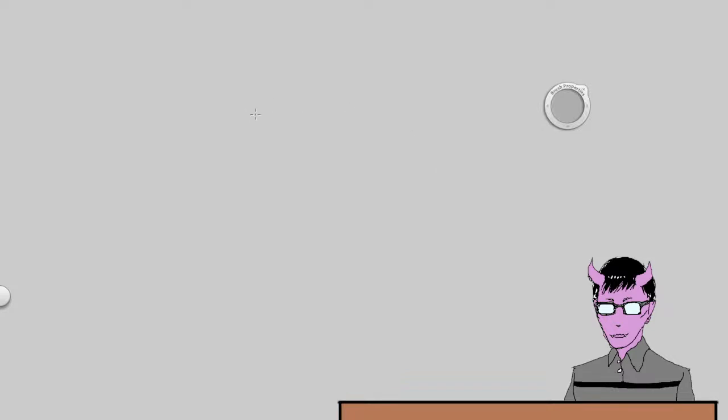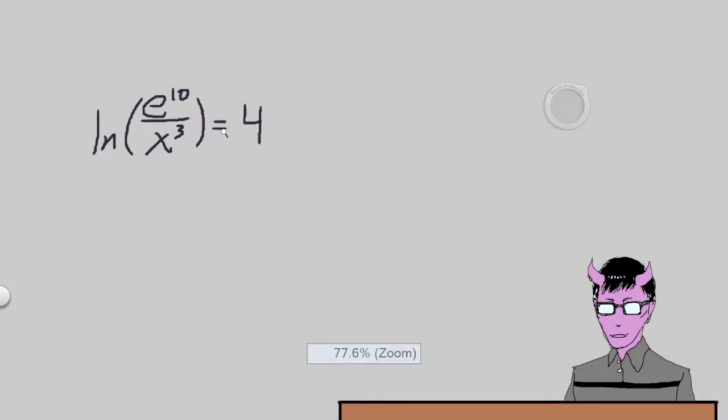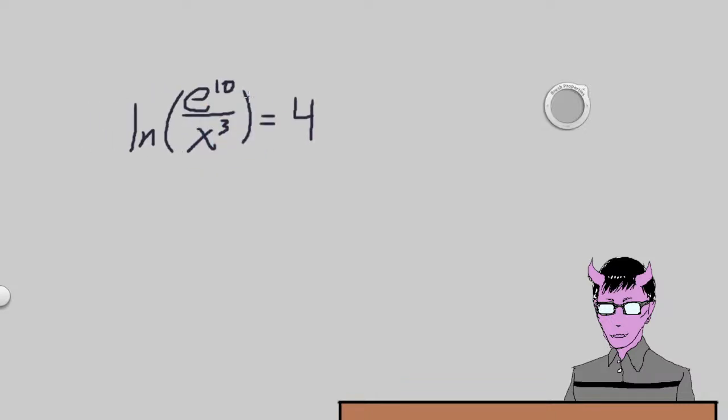Moving on. We have natural log of a quotient. So e to the power of 10 over x cubed is equal to 4. I think we've gone down in difficulty again, but that's okay. It's nice to have a mix-up of sorts. Alright, so we have the letter of interest trapped within the log function, so we're just going to exponentiate to free this x value.